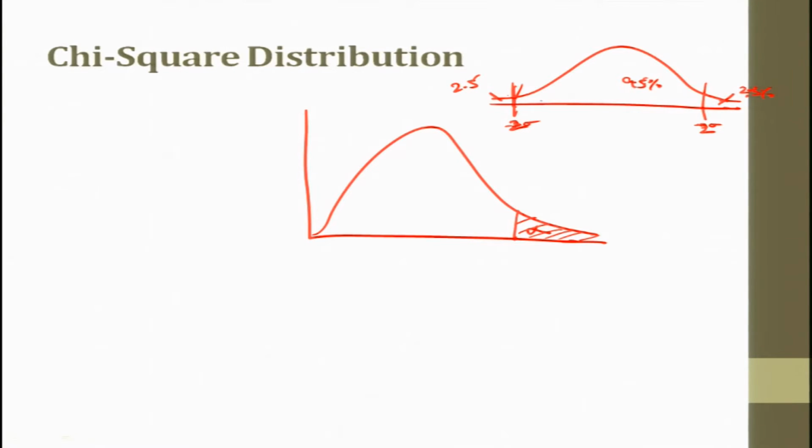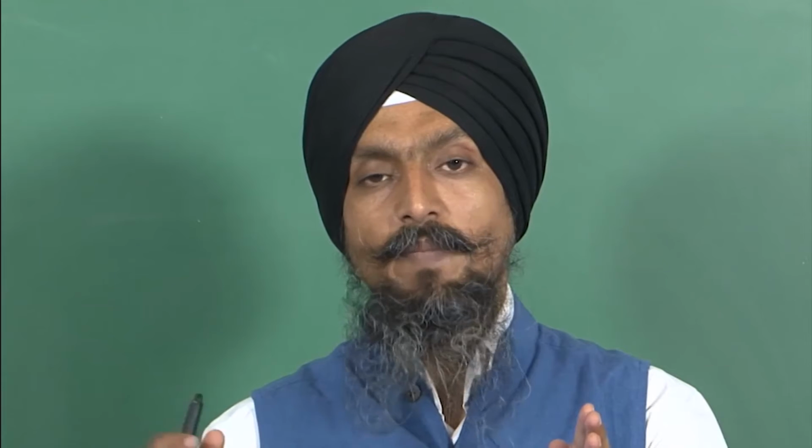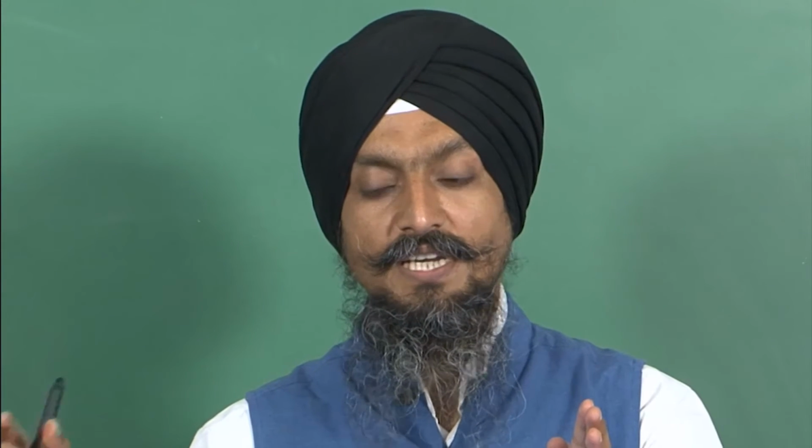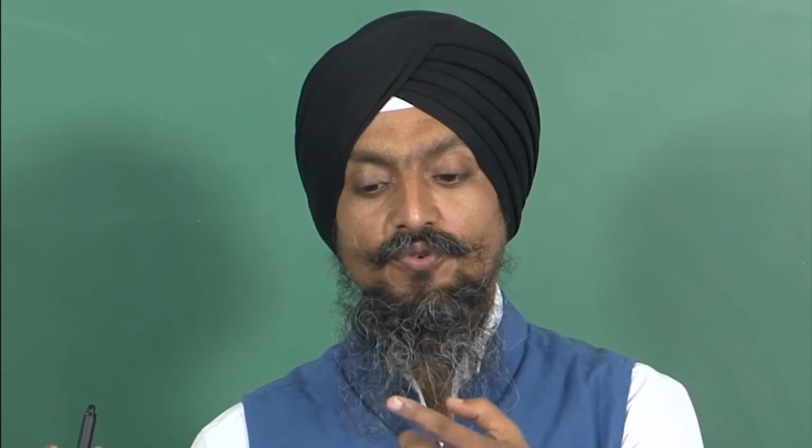So, that means when I am selecting 2 sigma limits to see the credibility of my sample, 2 sigma limits means I am 95% confident. If it is within 3 sigma limits, I am 99% confident. If I am 95% confident within 2 sigma limits, that means my significance level in case of two-tailed test, considering two-tailed, is 2.5%.